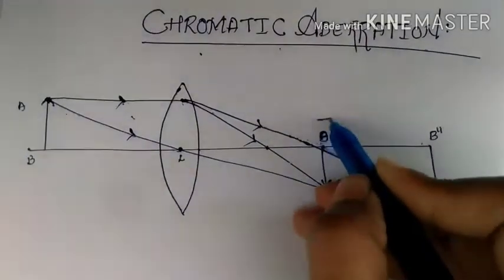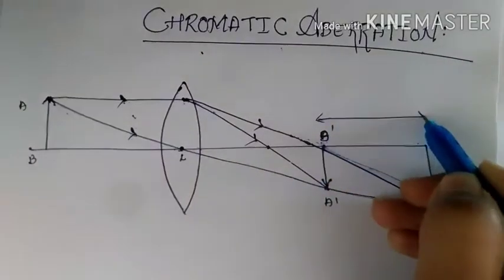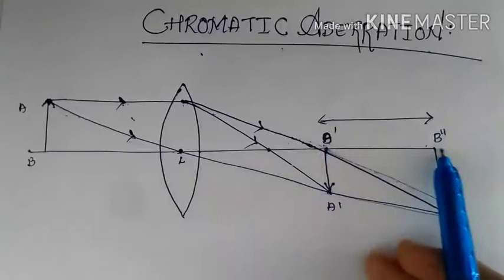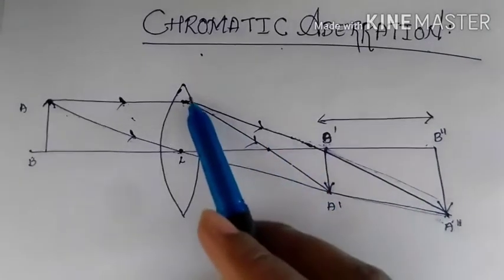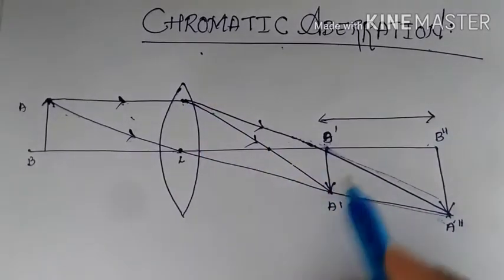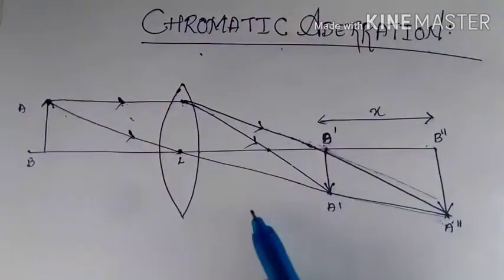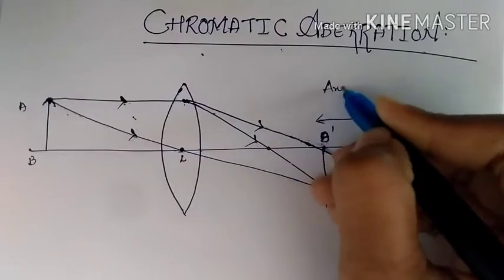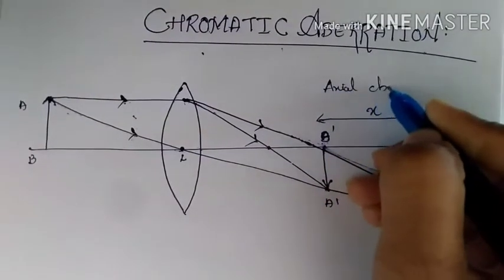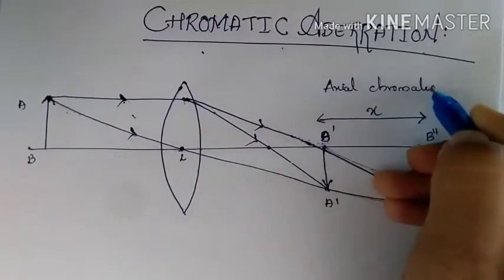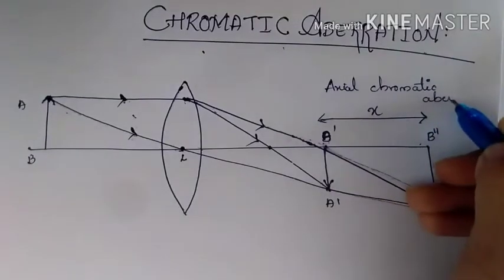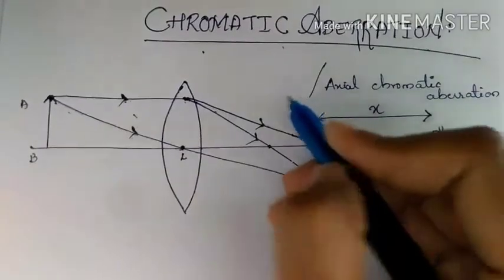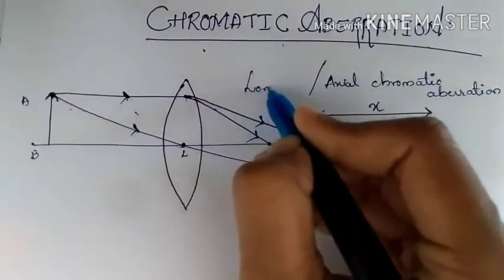Now this distance, or this change in the position of the image due to the refraction, is known as axial chromatic aberration, and this is also called longitudinal chromatic aberration.